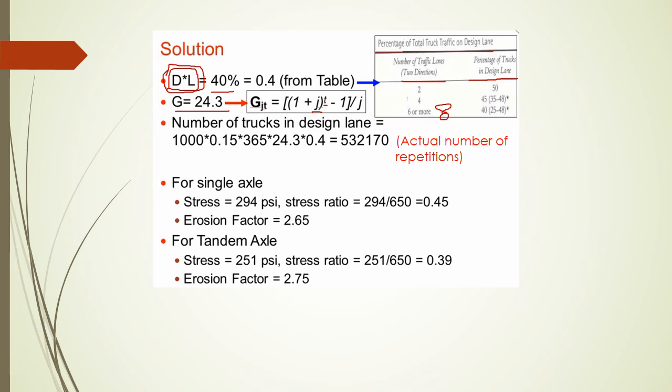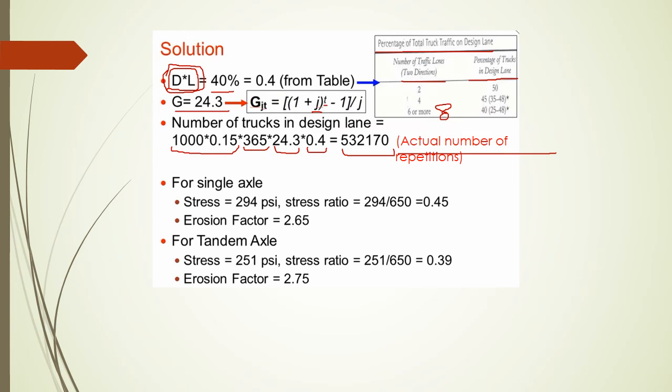So the number of trucks in the design lane, or the actual number of repetitions, is equal to 1000, the total number of vehicles, multiplied by 15% or 0.15 to obtain the truck share of traffic only, multiplied by 365 to get them per year, multiplied by 24.3 to get them at the future design year, multiplied by 0.4 to get the number of repetitions on the critical lane. It will be 532,000.